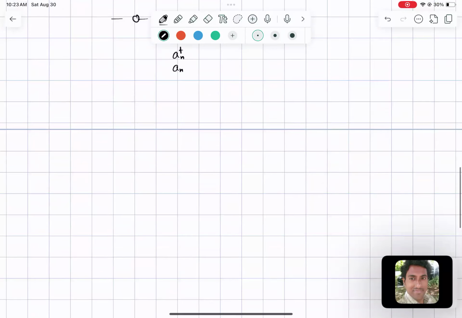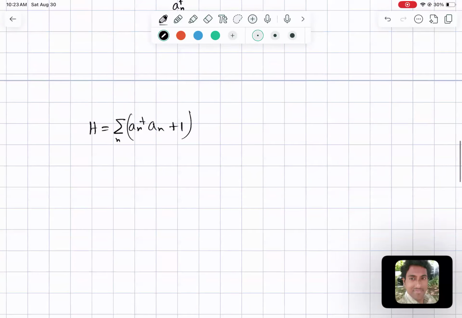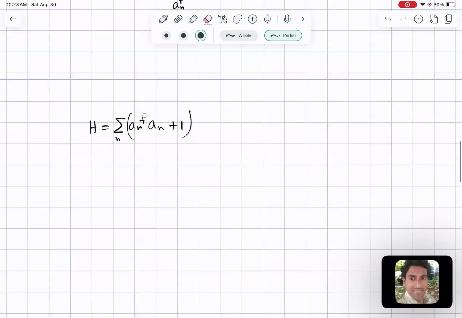We write it like that: H equals sum of a_n dagger a_n plus 1. Plus 1 is just for the shift. And I'm in a unit where h bar and omega are 1 for simplicity, or we can keep h bar omega. But okay, this is the Hamiltonian without any interaction. No interaction.